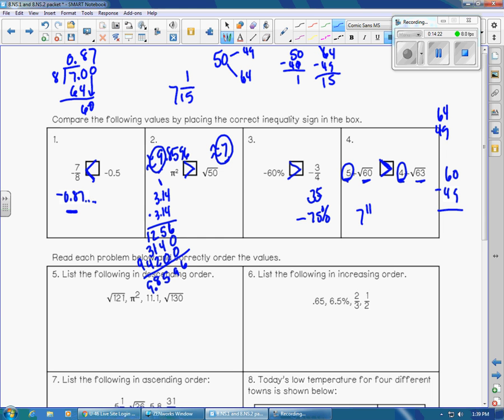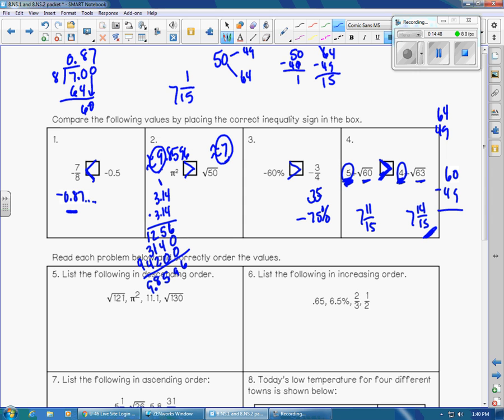So this will be 11/15, and this will be 7 and 14/15. So if not for that number out in front, the one on the right would actually be larger, but because of that number out in front, this one is larger, and 5 plus 7 is 12, where 4 plus 7 is only 11. So that's why this one's working out that way.